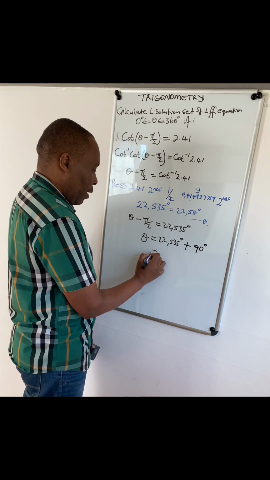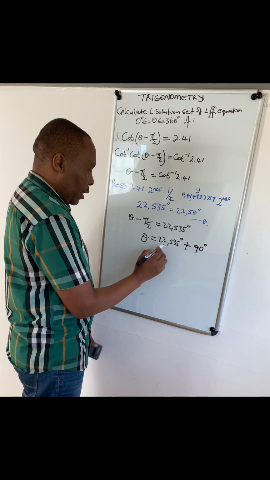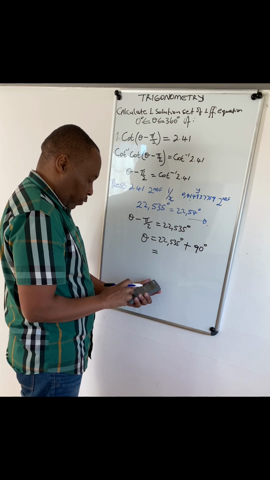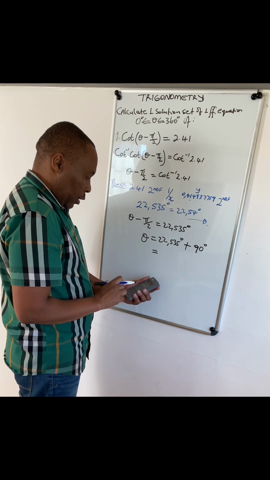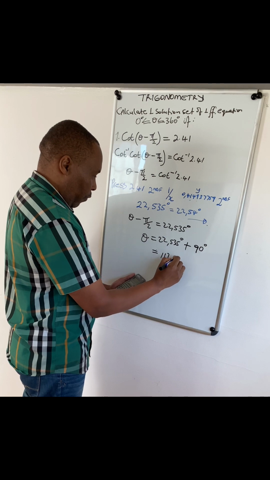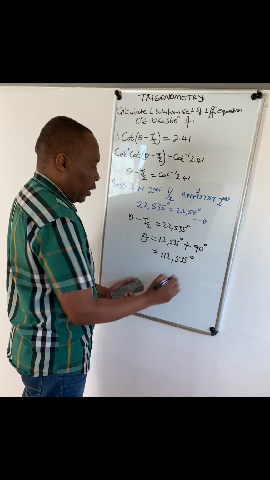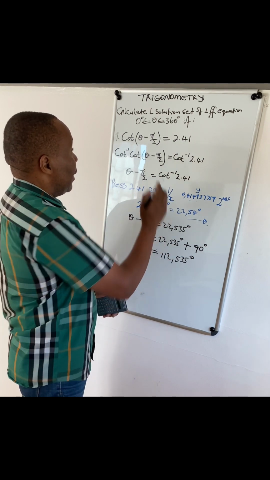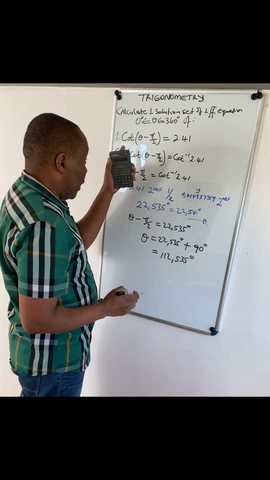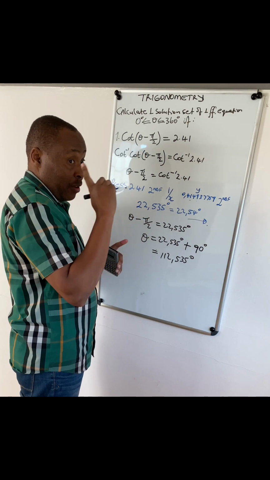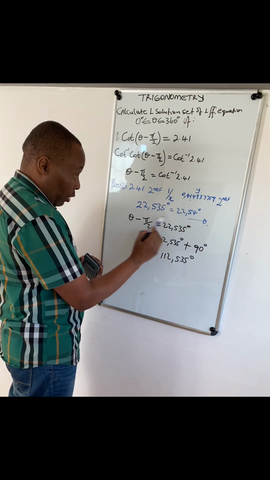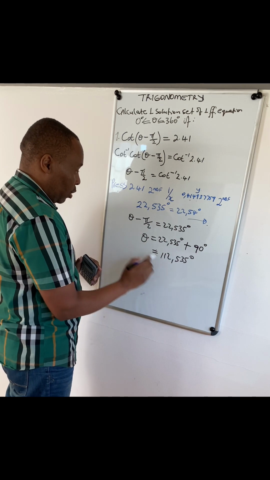So here I have to add and find theta to be 90 plus 22.535, which is equal to 112.535 degrees. This is it, and it has to be within this frame. But remember, cot is positive in two quadrants, the first and the third. We've sorted out the first one, so let's go and sort out the third.